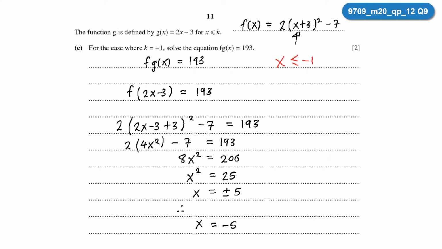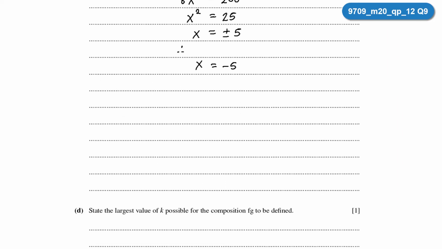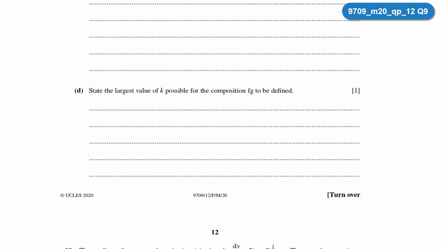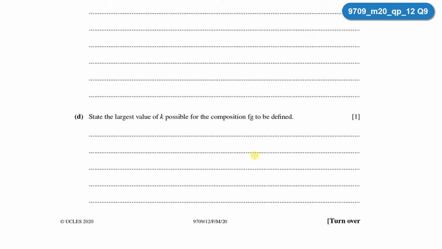Let's go on to part D. Part D goes: state the largest value of k possible for the composition fg to be defined. So here we're talking about f of g, which is f of g of x. Now you need to know that the function f has a restriction.